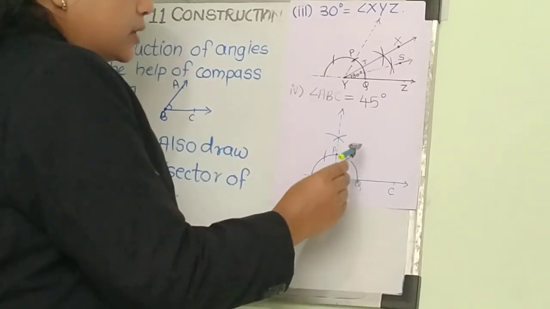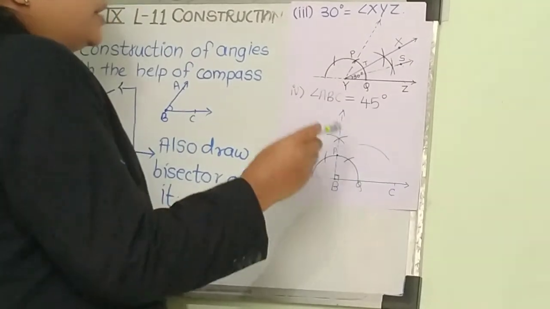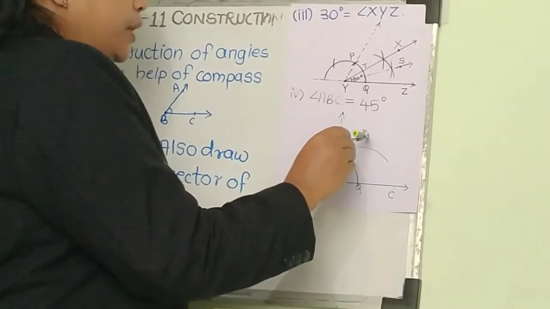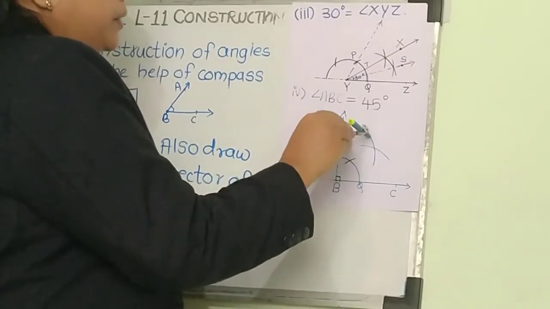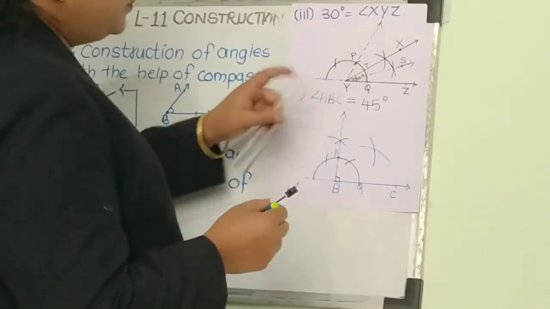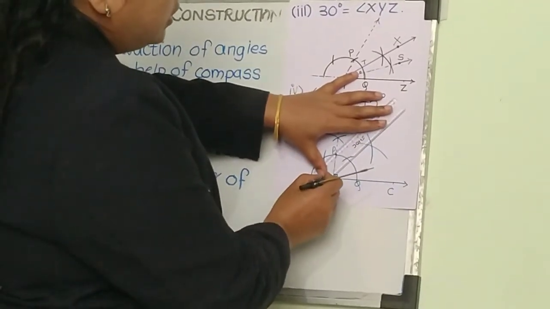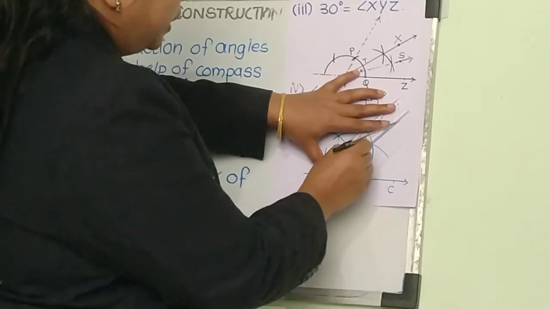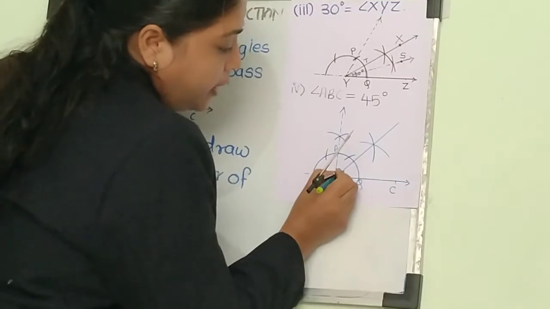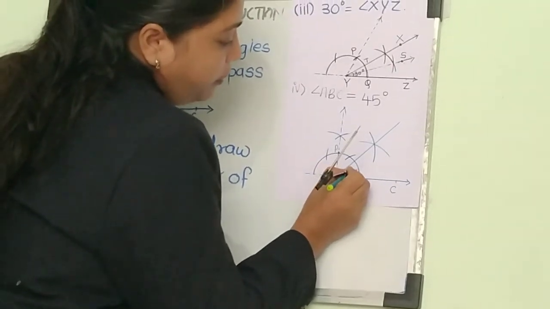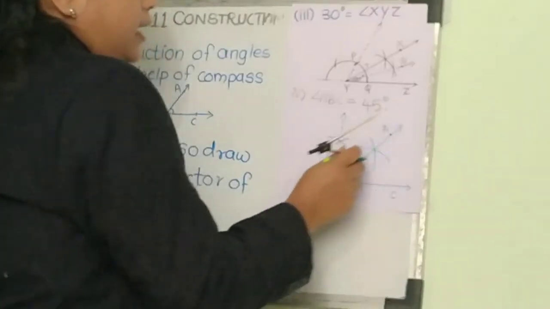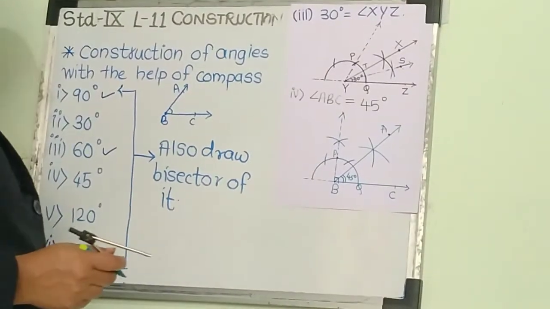I will draw first one arc from point Q, same distance, and then from point P. So through the point P we have to draw the intersecting arc, and now we are going to draw the ray passing through this intersection and point B. So here we get angle 45 degree. So here we can write A. So it is our required angle, angle ABC.